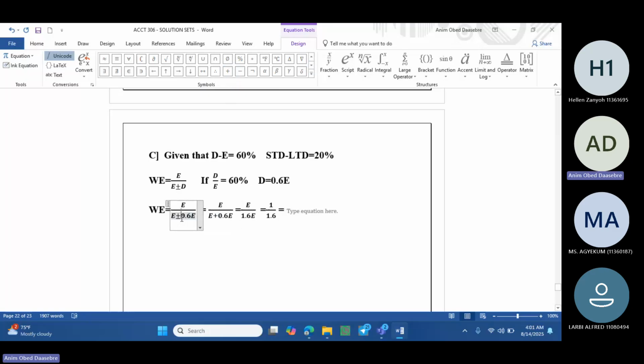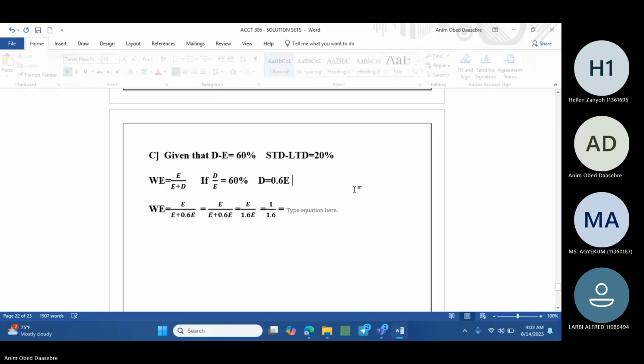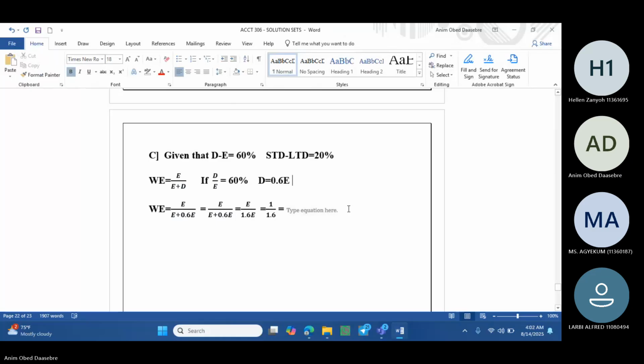1 over 1.6 is 0.625. So now this is the weight of what?